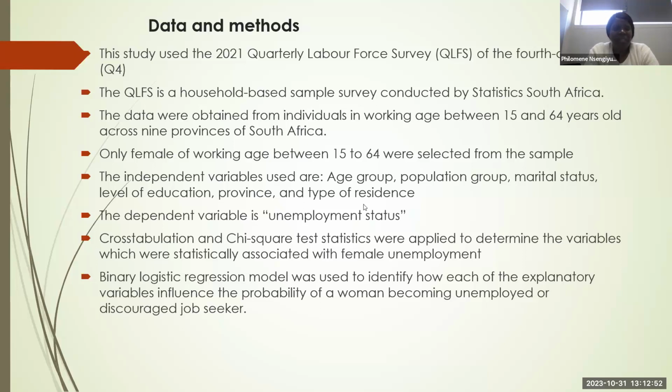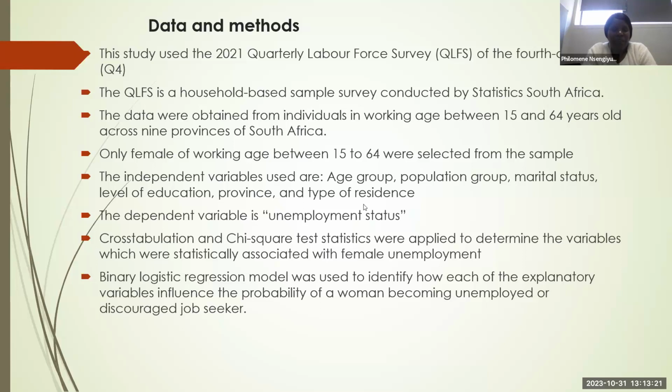In the study, the independent variables used are age group, population group, marital status, level of education, province, and type of residence. These are the independent variables I used to check the relationship with female unemployment. The dependent variable is unemployment status.